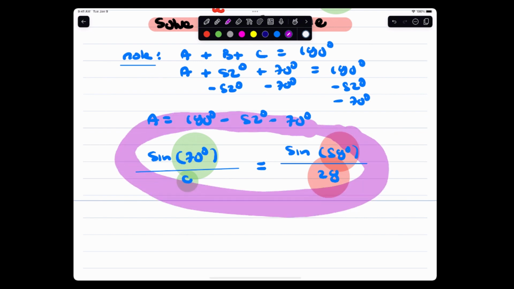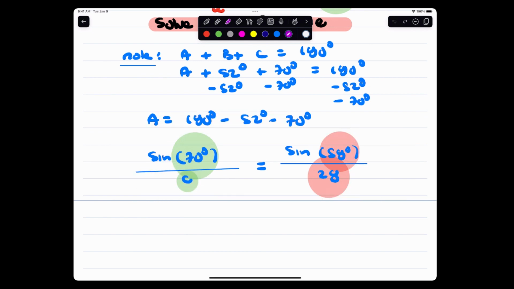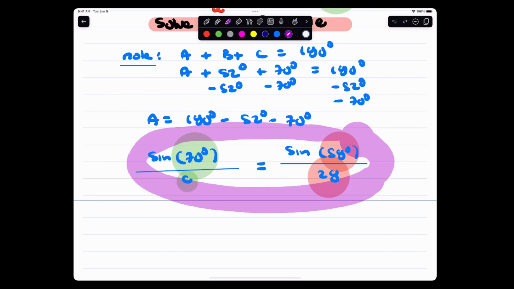Yes. Is this why we did the S portion here this morning? Yes. What is this known as, ladies and gentlemen? It's a proportion. Good job. And how do you guys solve proportions? What do you think you're going to solve for? You're solving for C. Is that right? That's why we did what we did.